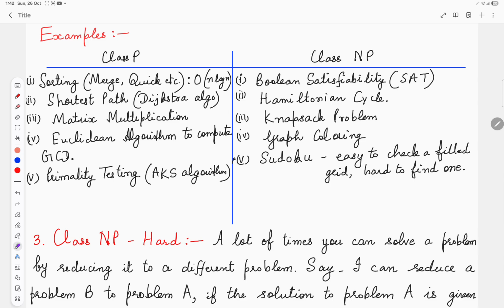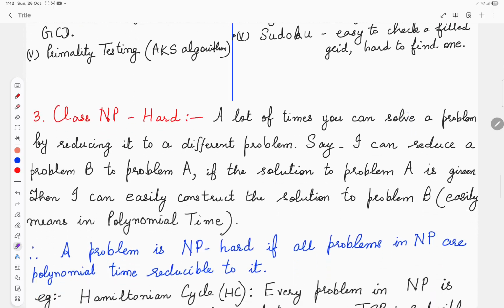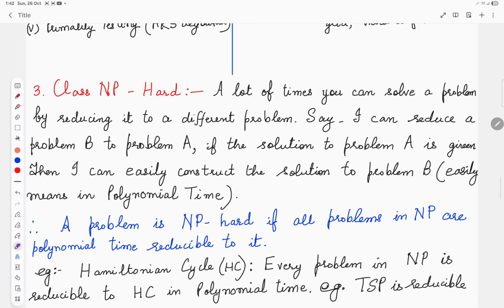And the NP class of problems may involve Boolean satisfiability, which was the first problem actually put in the category of NP, Hamiltonian cycles, knapsack problem, graph coloring, Sudoku problem. Sudoku is easy to check, easy to verify, but hard to find the actual solution.